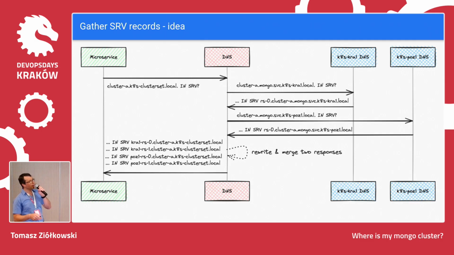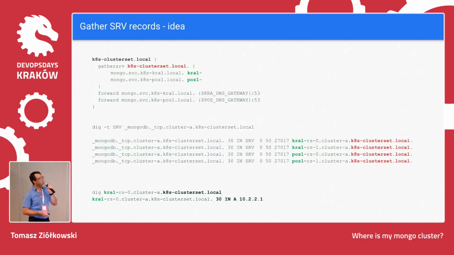And similar logic is performed on the response. So if we get a response from such Kubernetes DNS, we rewrite these records to achieve a consistent top-level domain, and also prefix the host names to be distinguished by the MongoDB driver.